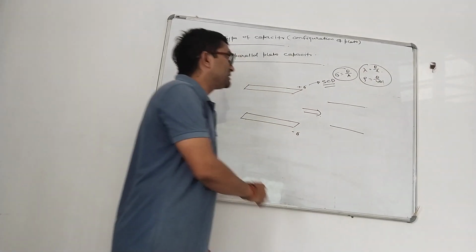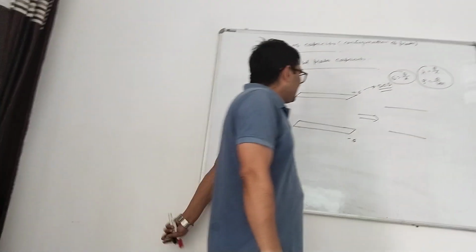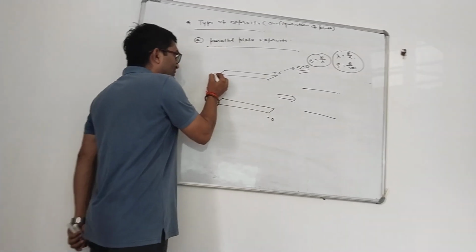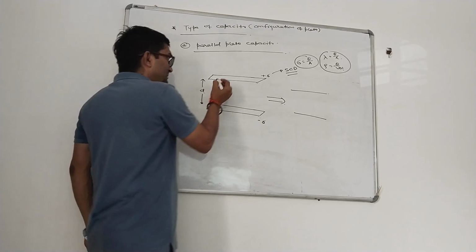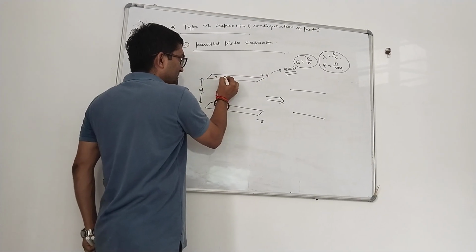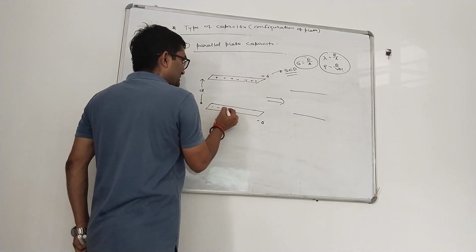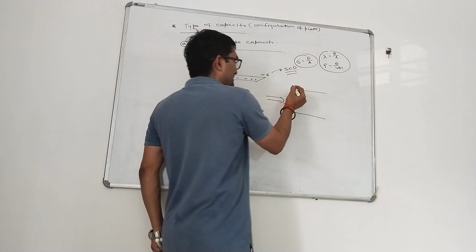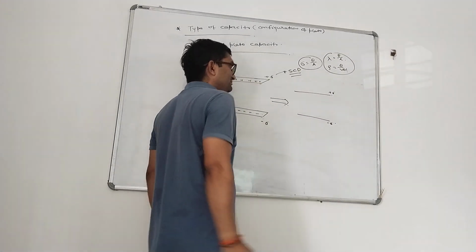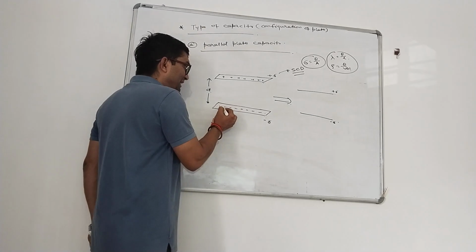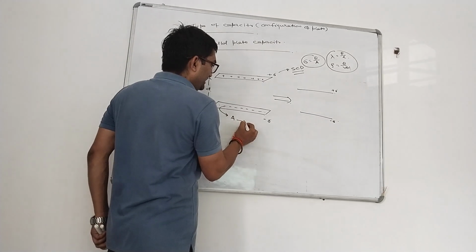So here I will use the surface charge density. Suppose the distance between the two plates is d. This plate carries positive charge, so on the entire plate this is the positive charge, and this is the negative charge. Their area I will assume A, the area of the plate.